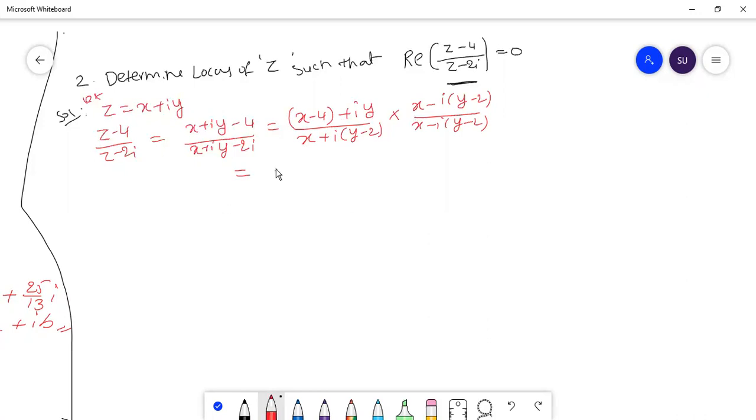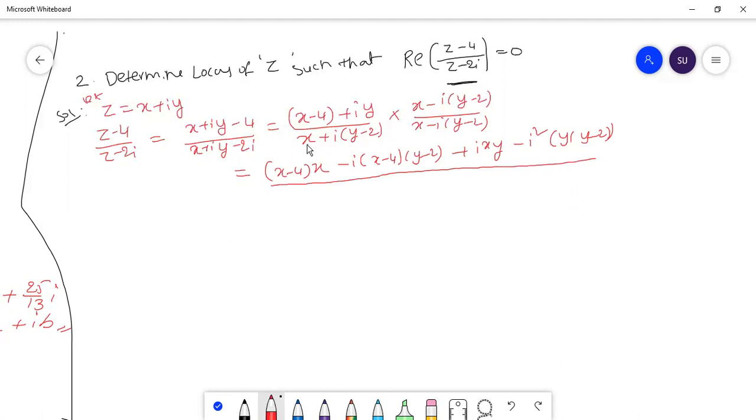First part is (x minus 4) into x, next (x minus 4) into (y minus 2), that is minus i into (x minus 4) into (y minus 2). Next i into y into x, that means xy. Next i with i, that is minus i square into y into (y minus 2). This whole thing.